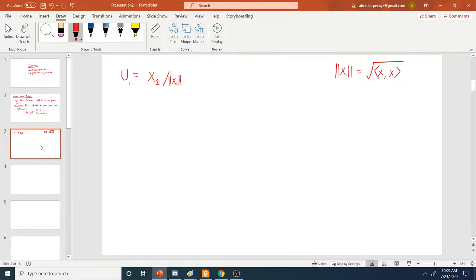And then we set u2 equal to, actually, it's somewhat nicer to write it like this.